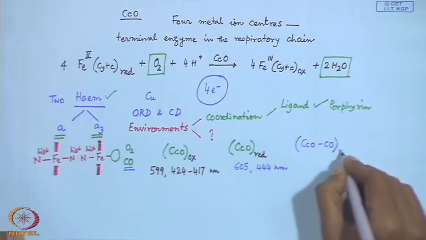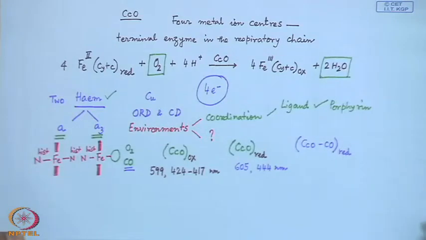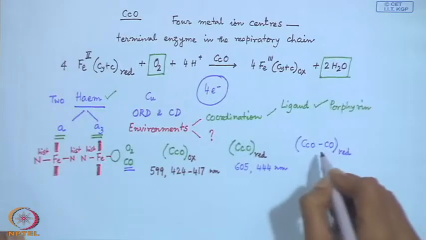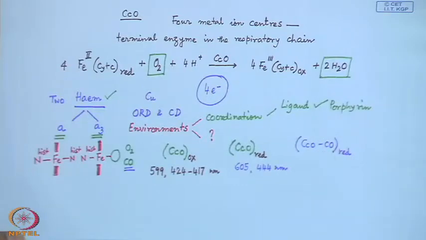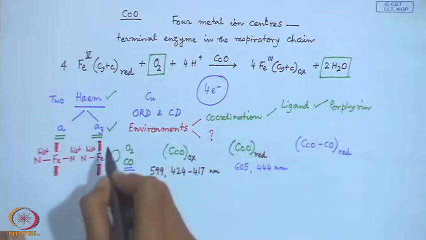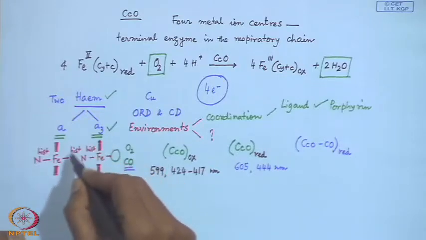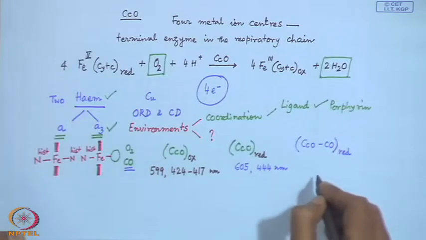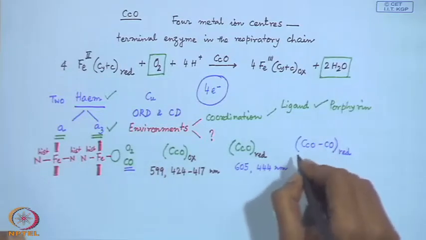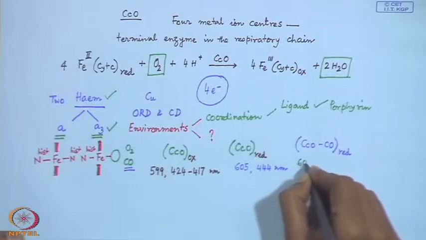In the reduced form, first we check whether it binds carbon monoxide or not. If it binds, that immediately tells us that heme A3 is the site involved in carbon monoxide binding, and the spectral feature related to this particular iron site gets modified.